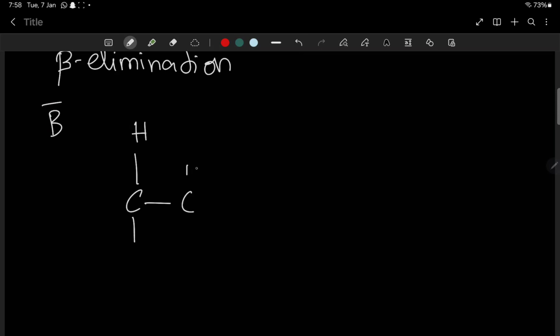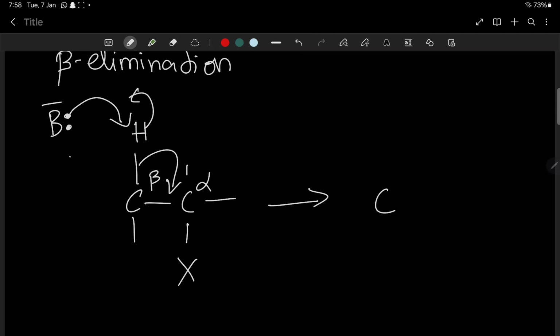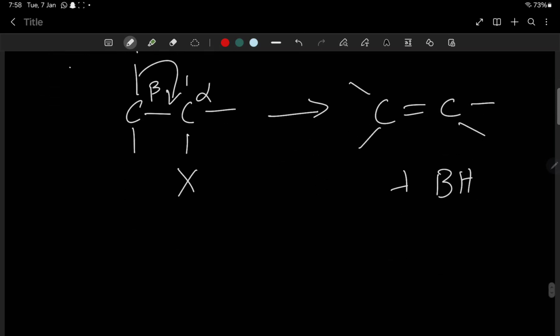Example, this compound. This carbon is the alpha carbon, this is the beta carbon. What happens is the base is here. It's an electron donor. This base comes and gives its electron to hydrogen. Therefore, hydrogen will leave, and this bond will fall here, forming a double bond, plus the hydrogen went to the base, salt formation, plus X minus. Because this X also leaves.